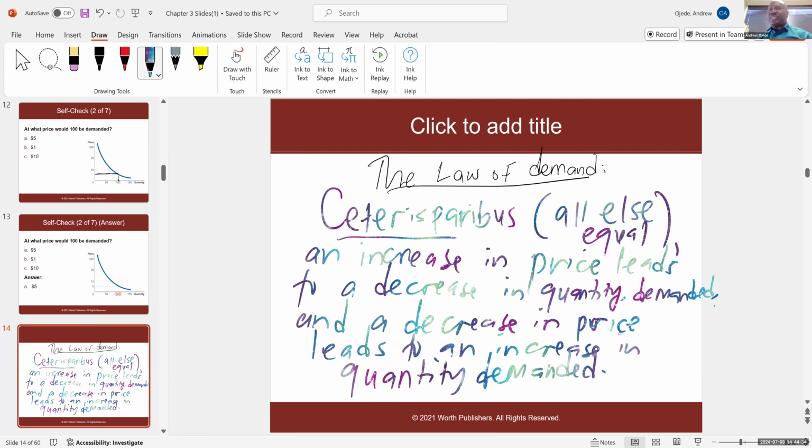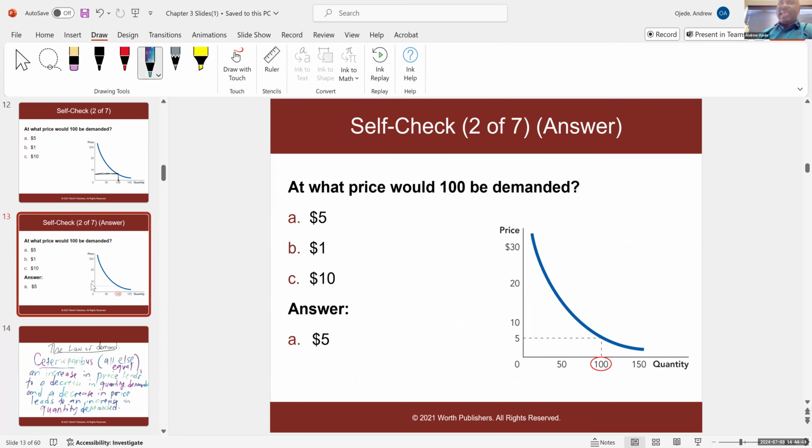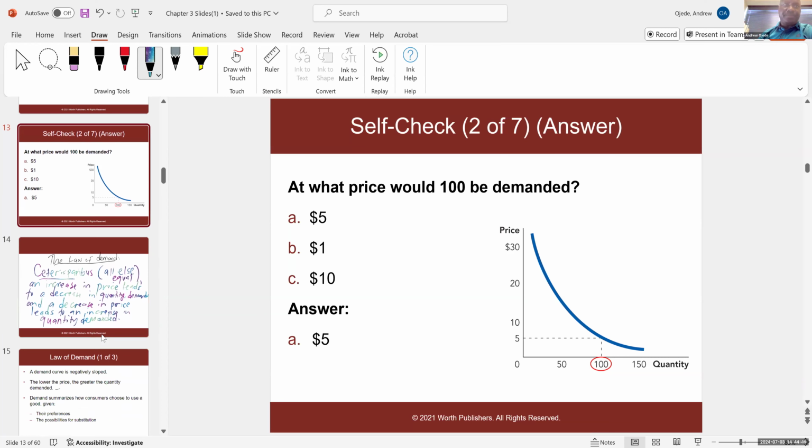And when price decreases, that leads to an increase in quantity demanded. That's the law of demand, which is clearly represented in the negative relationship between price and quantity. The demand curve is negatively sloped.